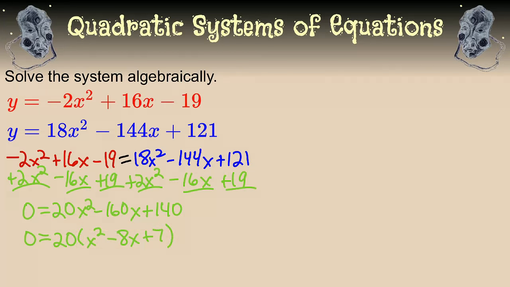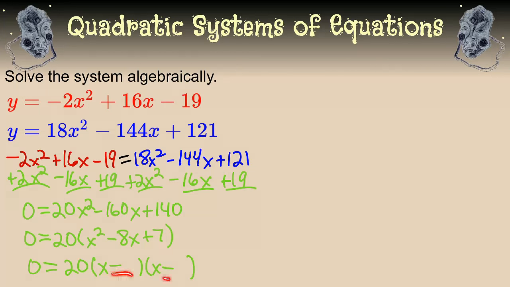Again, so I have 0 is equal to 20 times the quantity. What times what is equal to x squared? x times x is equal to x squared. Now for my signs, when I multiply the two numbers, they have to give me a positive, but when I add them, they have to give me a negative. The only way for that to happen is to have two negatives.